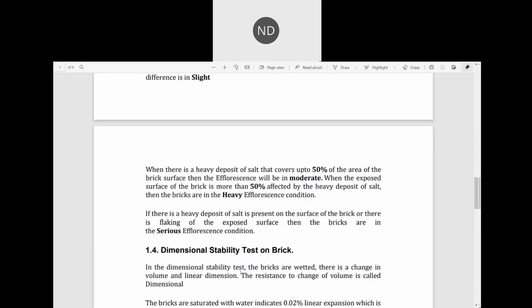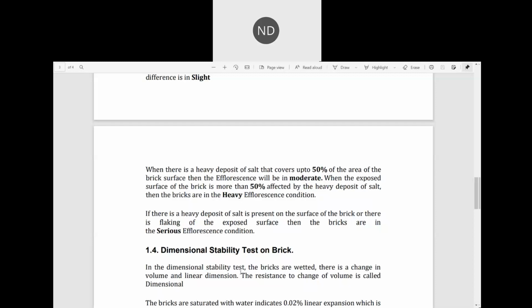Okay, the white deposits, I think you understood what efflorescence is, the presence of soluble salts we are considering, right? Efflorescence is not actually a good sign, because it means that the quality of the construction material may not have been the best.